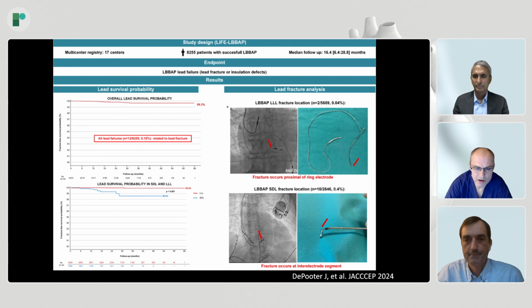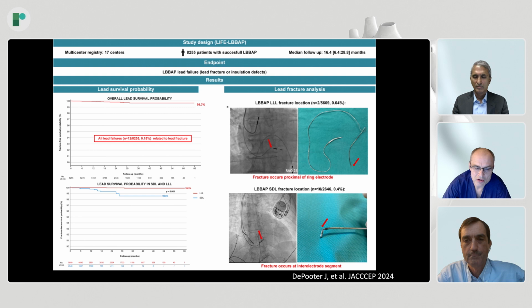It seems that the angle you create is very important for some kind of prevention of lead damage. So sometimes when you implant and you have a very strange angle, I would remove the lead and implant it again to have a smoother transition from the cavity to the septum.